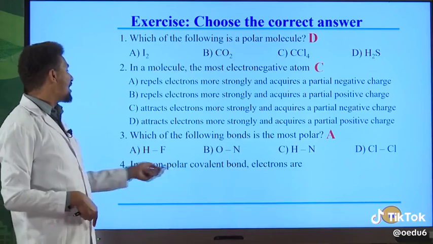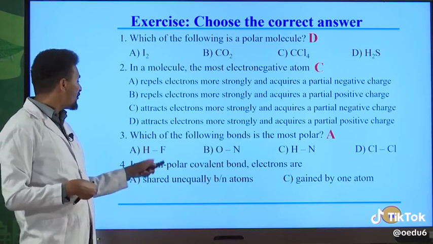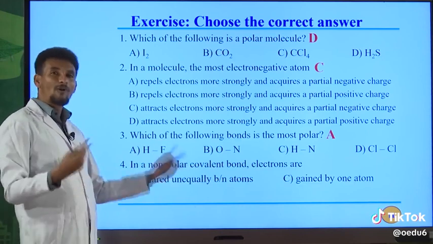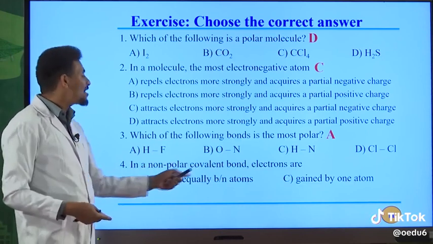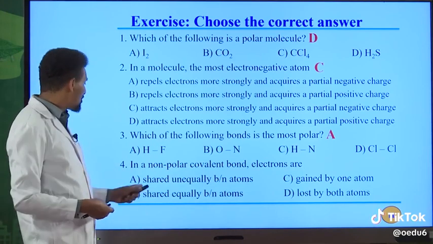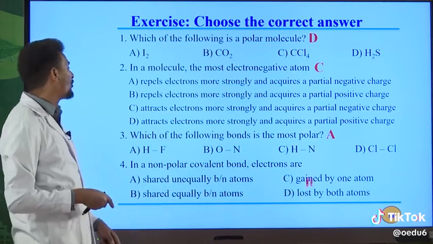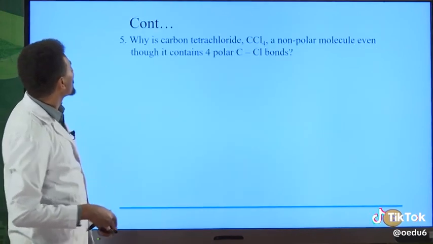Question number 4. In a non-polar covalent bond, electrons are equally shared. If the bond is polar, electrons are unequally shared. So the correct answer for question number 4 is B, shared equally between atoms if the bond is non-polar covalent. Question number 5.